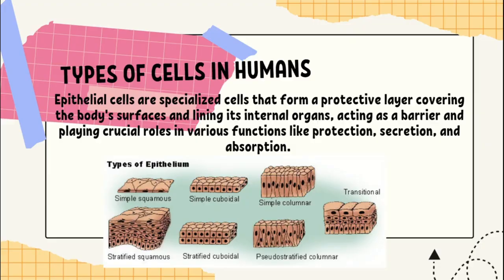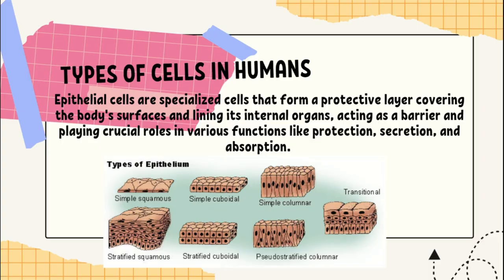Now, we're going to talk about these different types of cells. I mentioned some of them just now, like the epithelial cell. We can find these epithelial cells in our skin, for example.